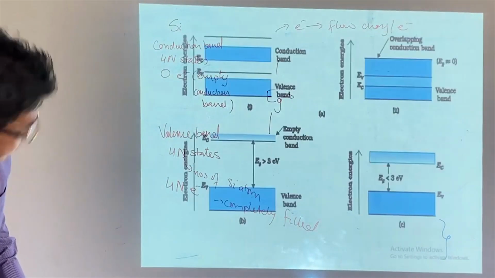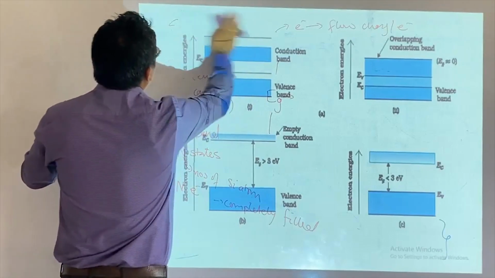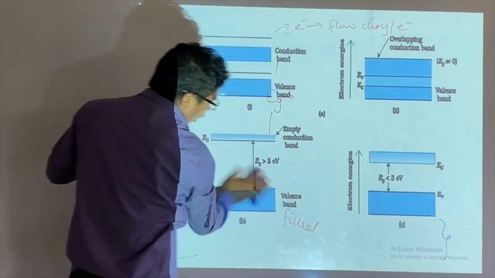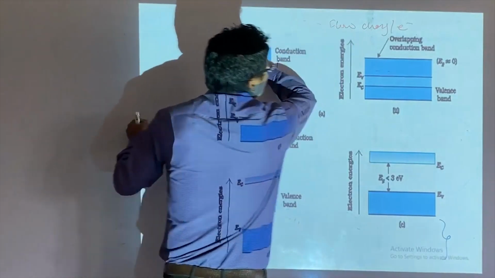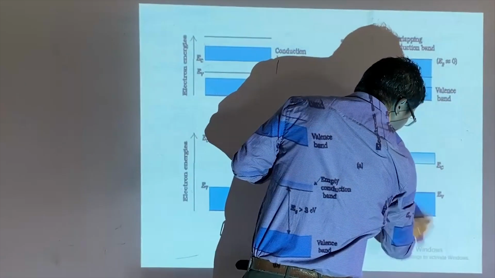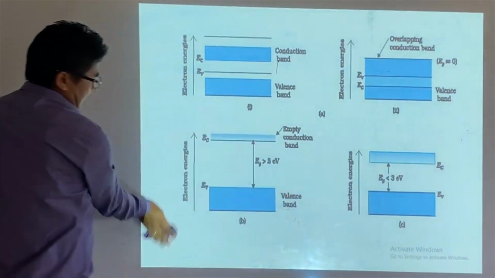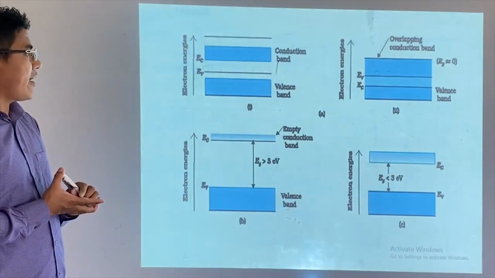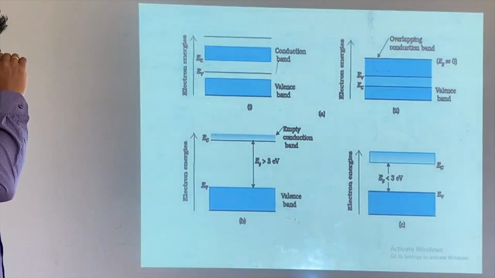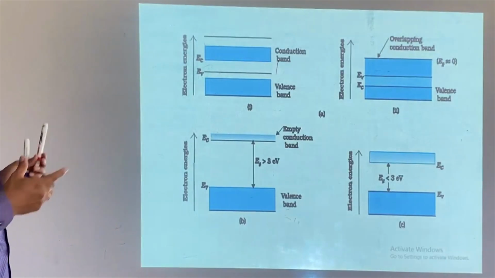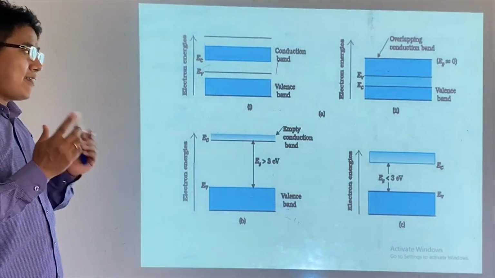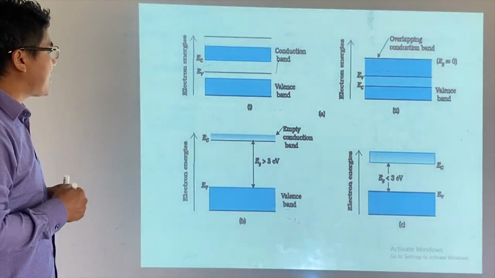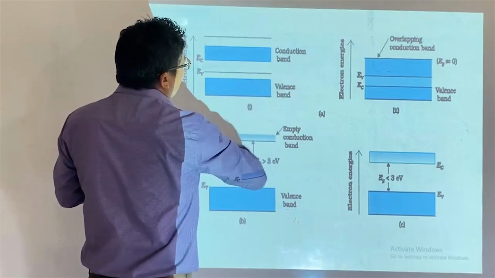Now, I would like to classify materials based on energy band theory. We have basically three: semiconductors, conductors, and insulators. In case of conductors, we have two band diagrams. One case is that electrons are available in the conduction band.